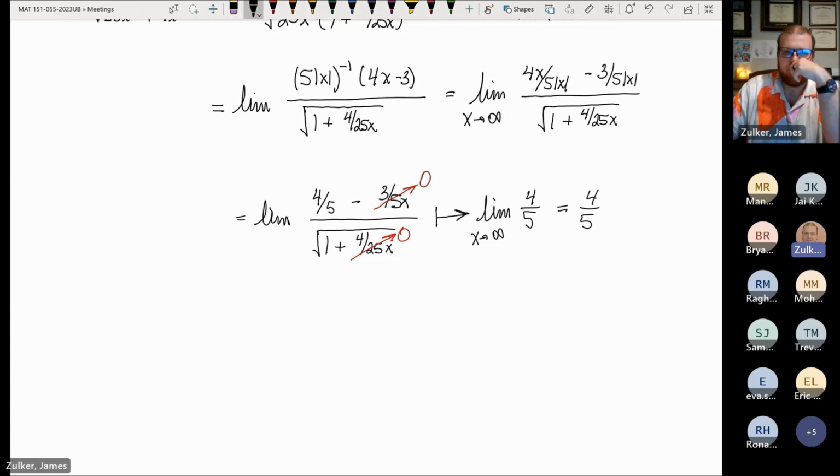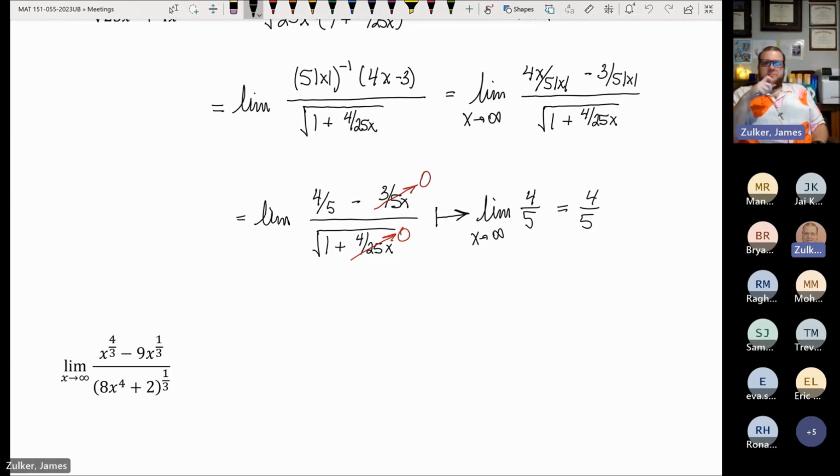All right. Same idea, except now we're writing it in rational exponent form.